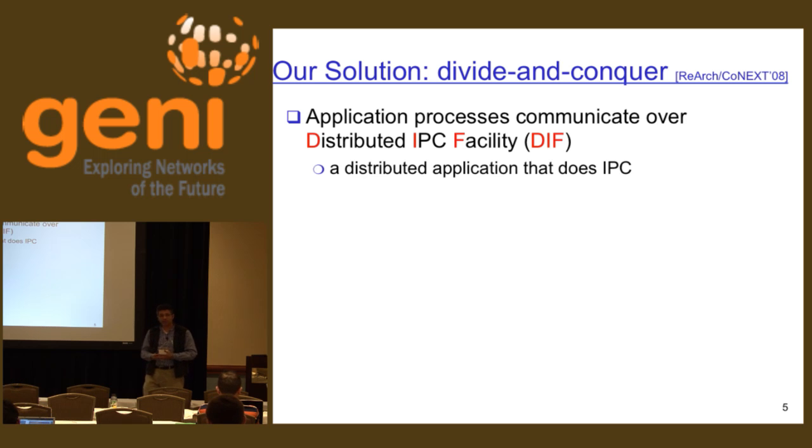In networking, we'll talk about the distributed IPC facility, or layer, that will support the communication of application processes. Think of it as a distributed facility, a distributed application of processes talking to each other to provide communication service, or IPC service, to the application processes.